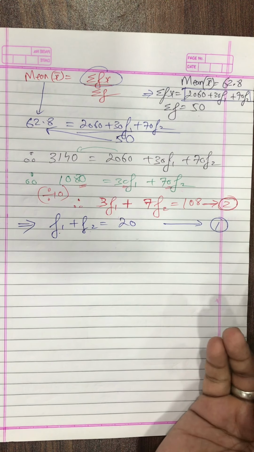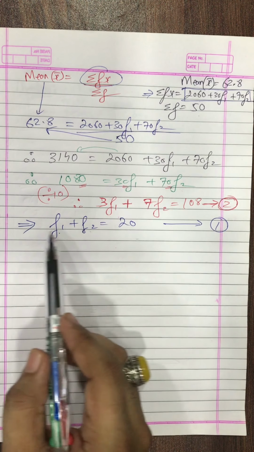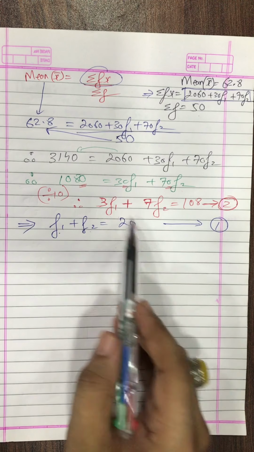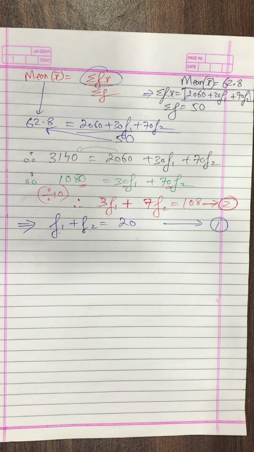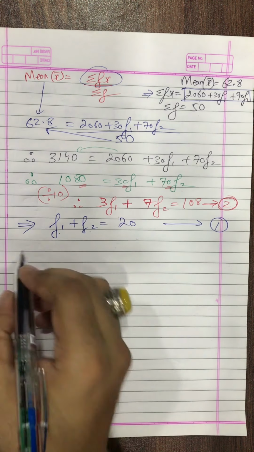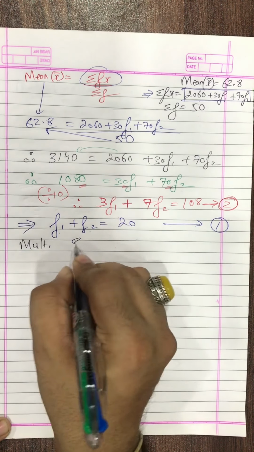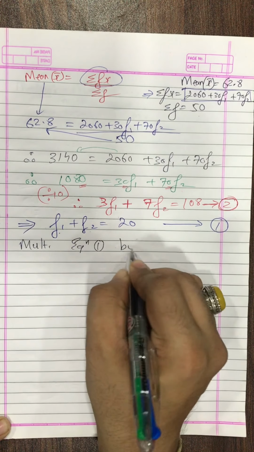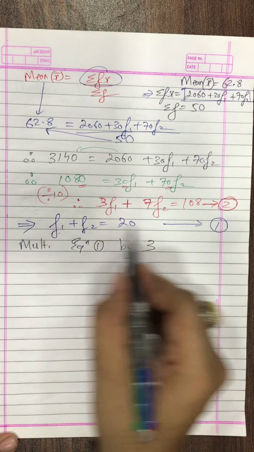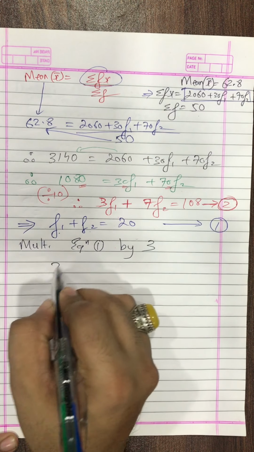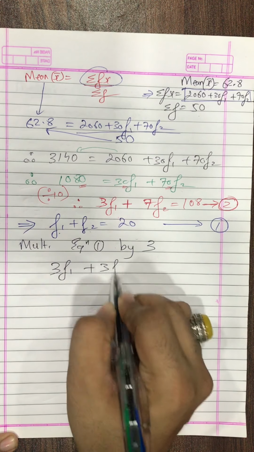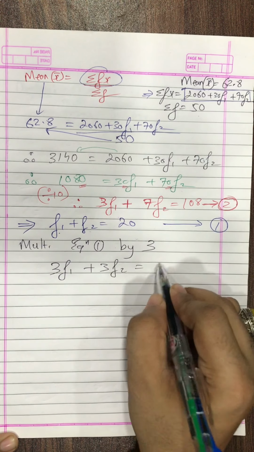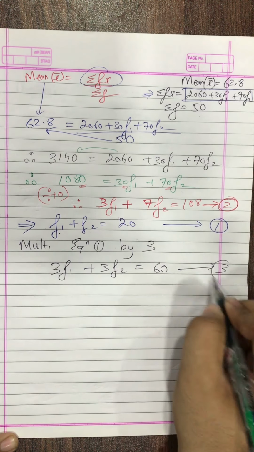The best way according to me is over here that I should multiply this equation number 1 with 3, just because I can see here also it's a 3. So multiplying equation 1 by 3, what will happen? I'll get 3f1 plus 3f2 is equal to 60, and this will be my equation number 3.